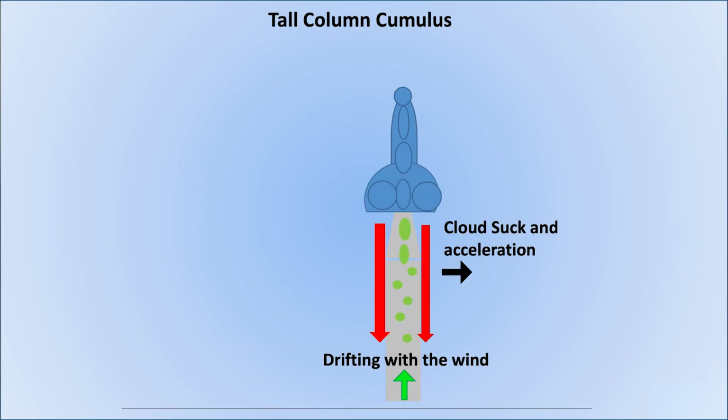Here I have a tall column cumulus, and the Met people call this towering cumulus. And here we'll get cloud suck as the thermals accelerate above cloud base. There's no change in wind direction with height, and the whole column is drifting with the wind.